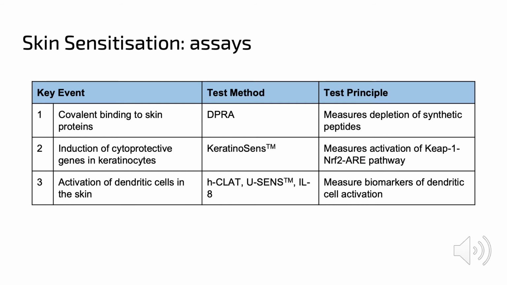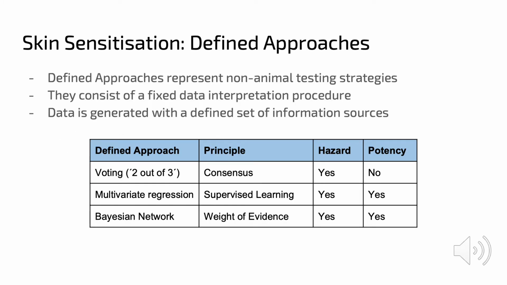Three OECD-approved assays may be used to test a compound against the key events of the adverse outcome pathway. Defined approaches use different algorithms applied to the data to determine a classification, for example, non-sensitizer or moderate sensitizer, and when possible, to predict a potency, that is, a lowest effect level that can be used in risk assessment.